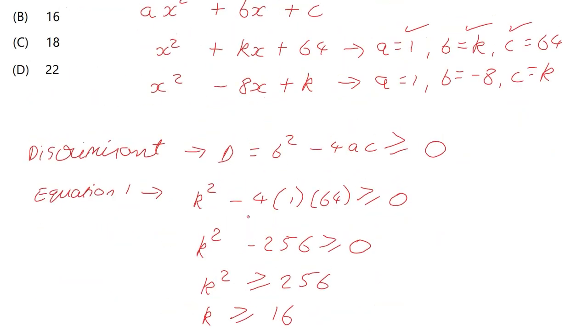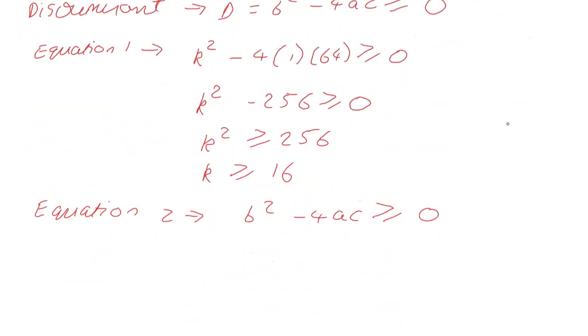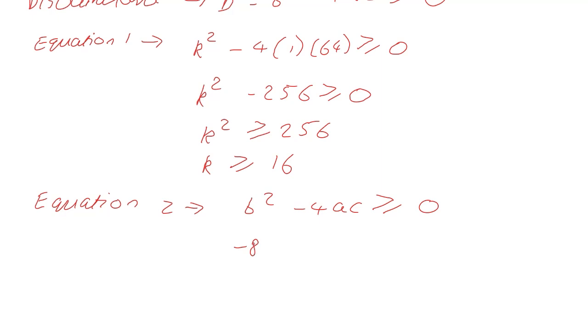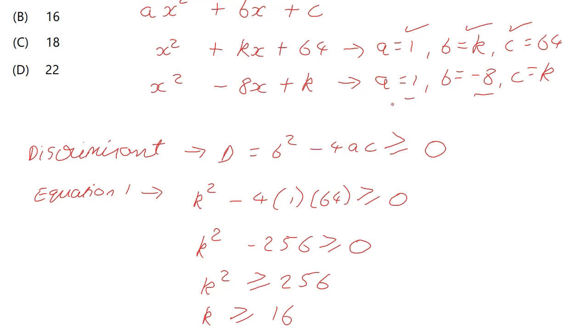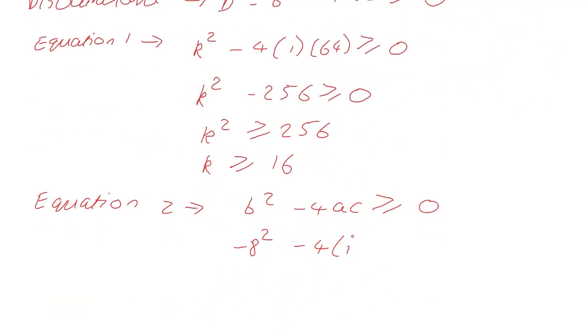So b is minus 8. So minus 8 square minus 4 in bracket a, which is 1, and c, which is k, which is more than or equal to 0.